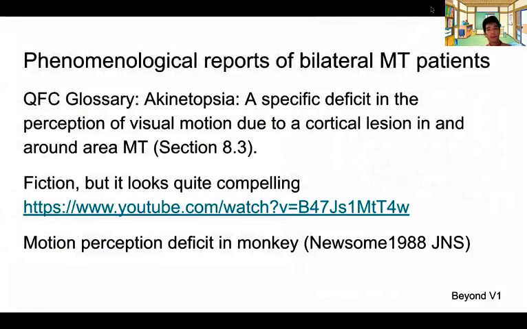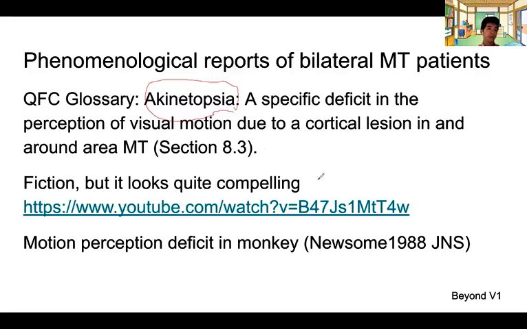And importantly, this type of correlation should also be compared with causal evidence. In humans, the most straightforward causal evidence comes from patients. Here, the patients who underwent bilateral MT lesions reported this condition called akinetopsia.